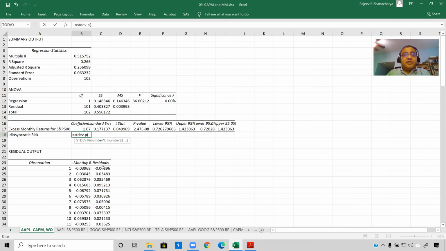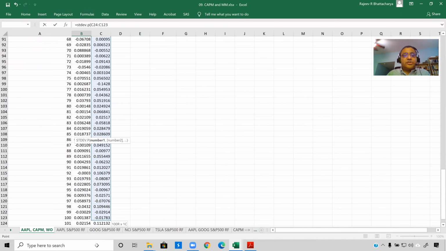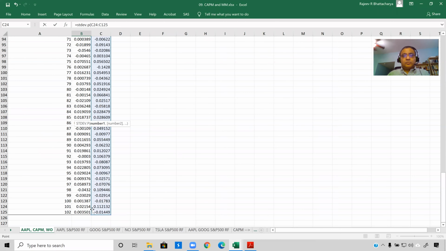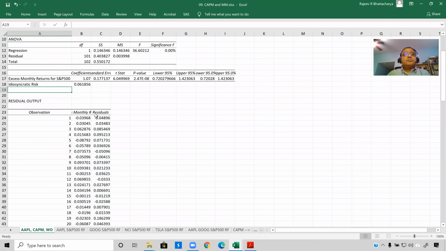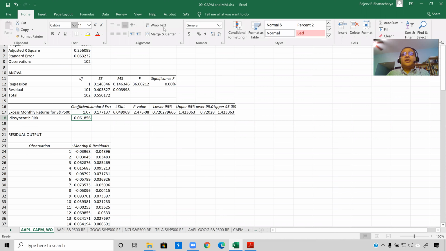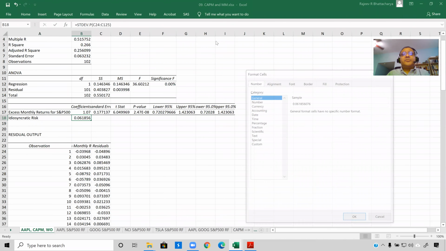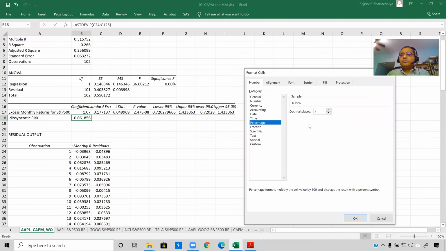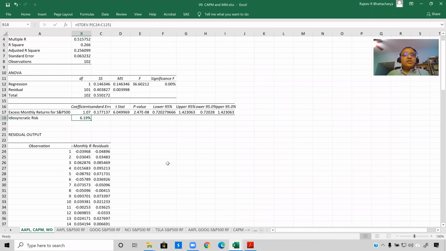So you take the standard deviation of all these residuals. We typically express this as a percentage. So the idiosyncratic risk for Apple over this time period is 6.19%.